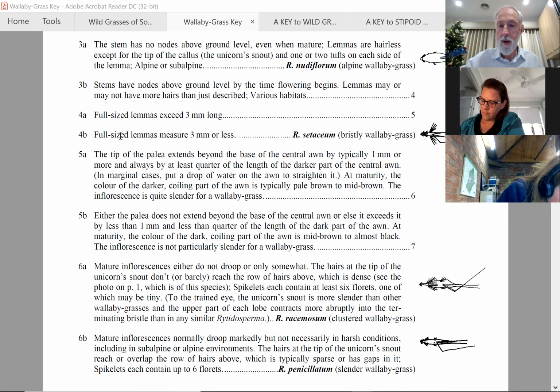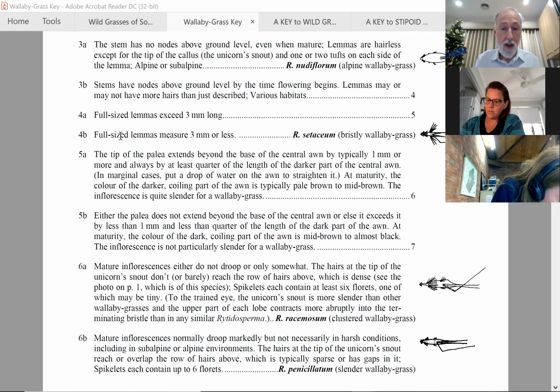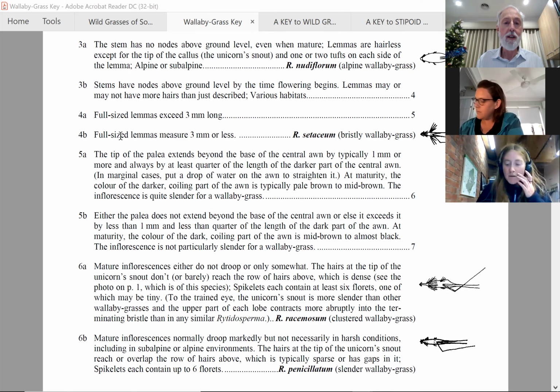I'm waiting for a vote. About 5 mils. 5 sounds about right. If you've got something that is 3 millimeters or less, you've got one of the runts from a long way away from the glumes. So I'm going to accept that vote for a 5 millimeter thing.